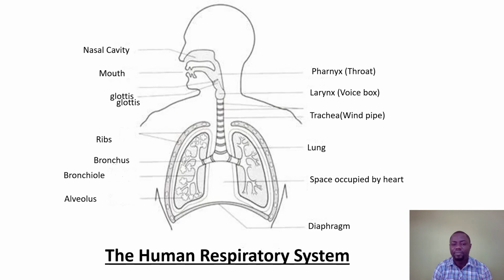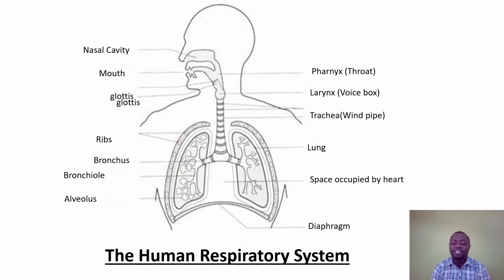And also we have the trachea, the windpipe, that long thing that runs from the nose or from the larynx to the lungs. It's called the windpipe. We also have the lungs. We have one on the left and one on the right.